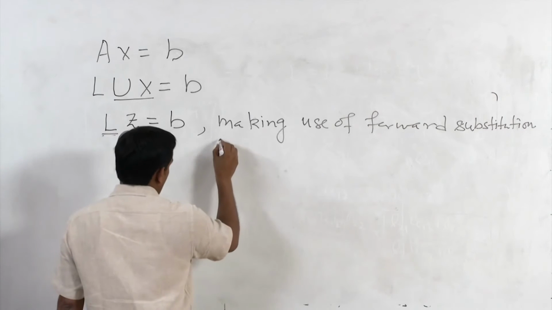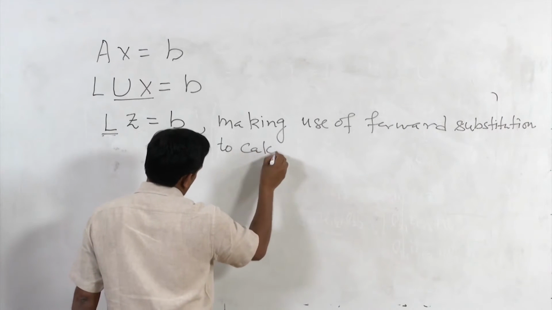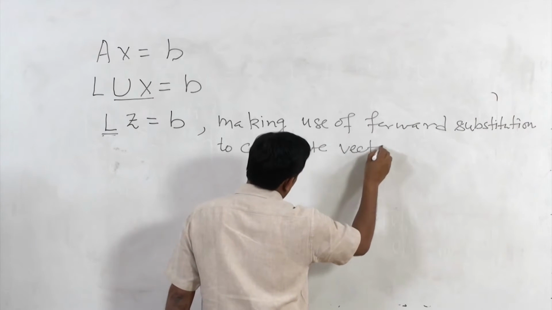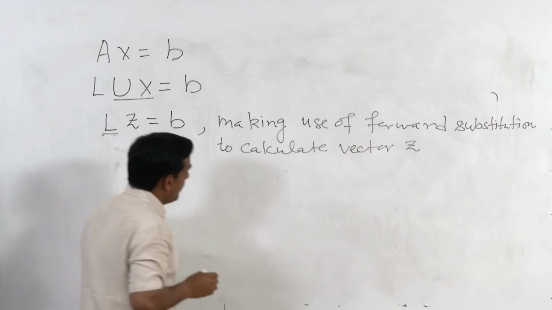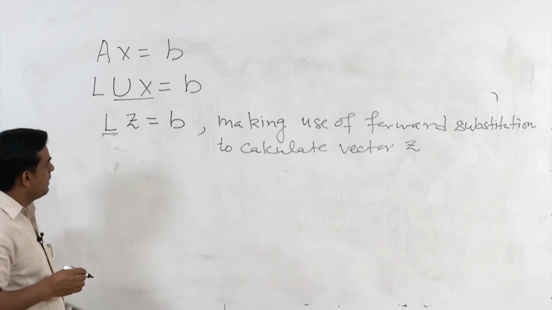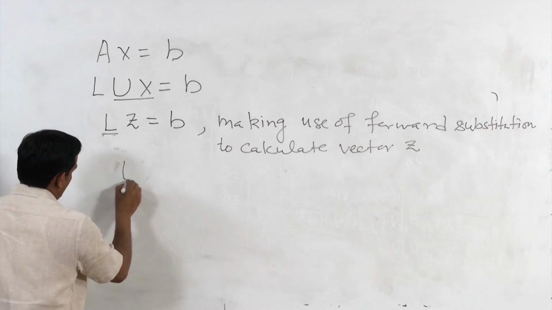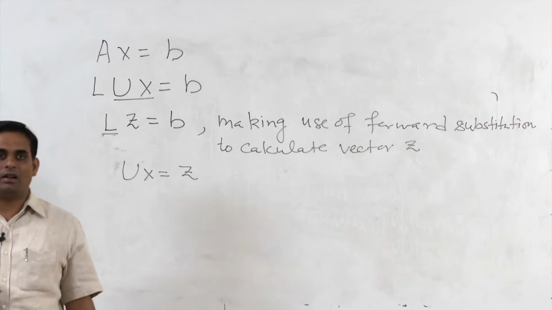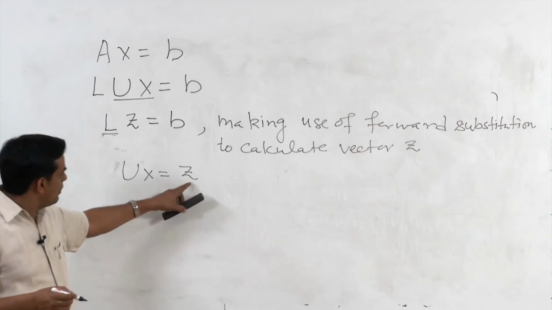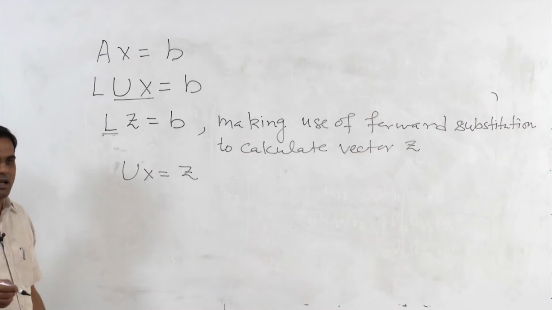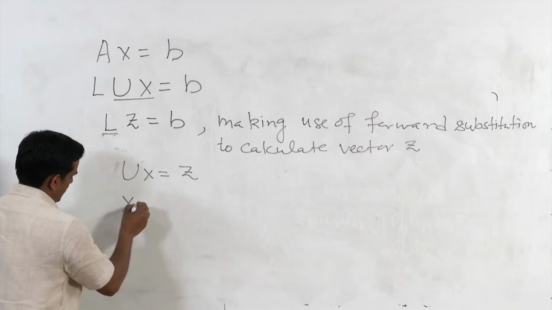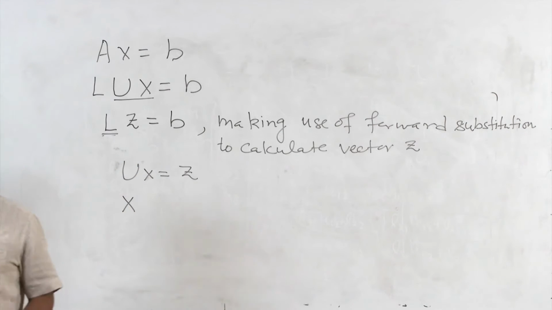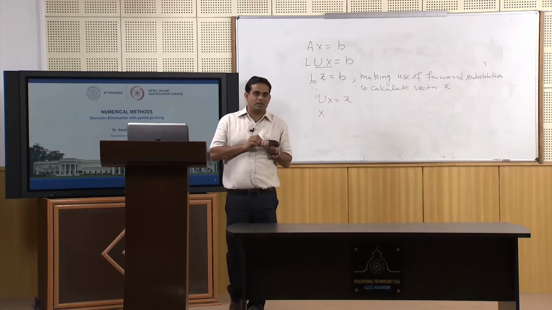And I calculate vector Z. Once I know the vector Z, I know that Ux equals Z. U is an upper triangular matrix, Z is known to me. By this step I can find out the values of x by making use of back substitution as we have done in Gaussian elimination.